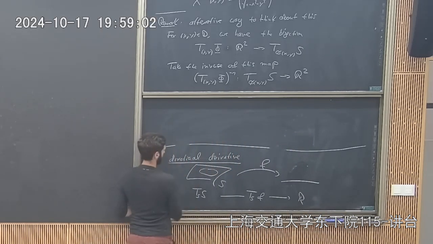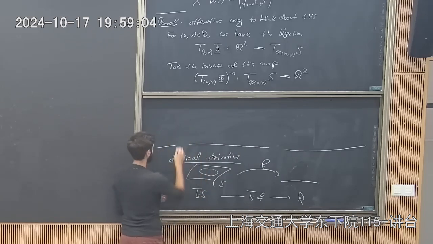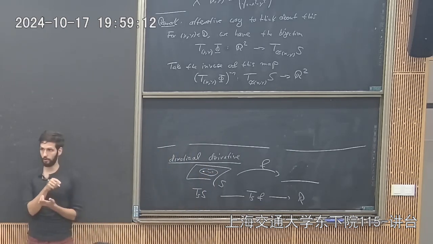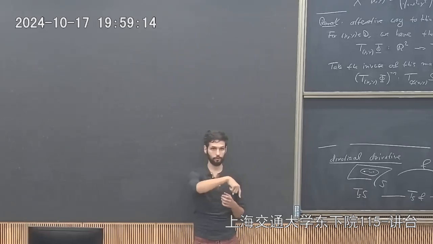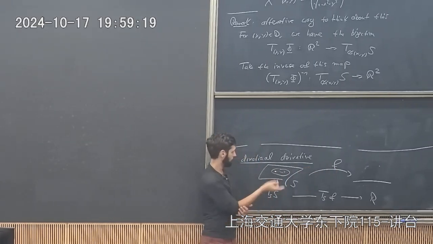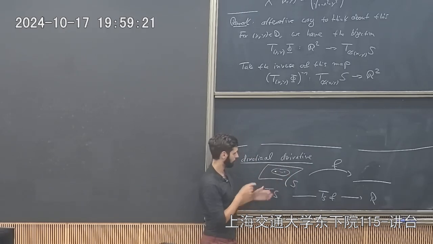The way you calculate it, you just imagine that you're in a small neighborhood in here. So you have a certain starting point, and then you walk in your space, and you record the value of S if you're in a small neighborhood, and then you say, okay, how much does F change?